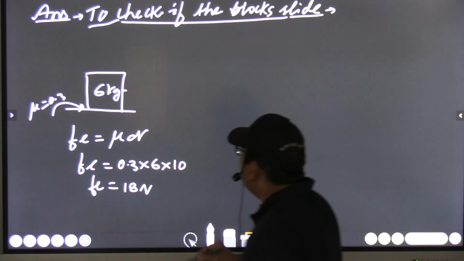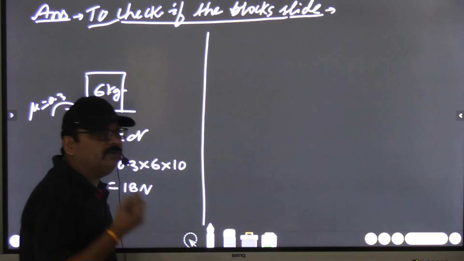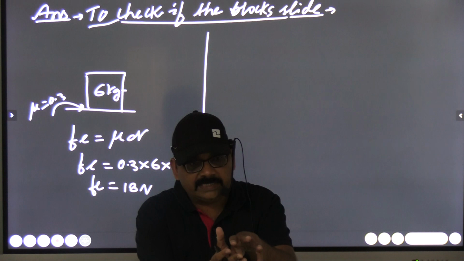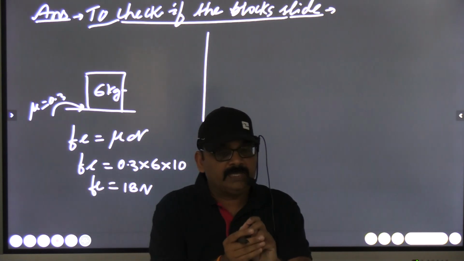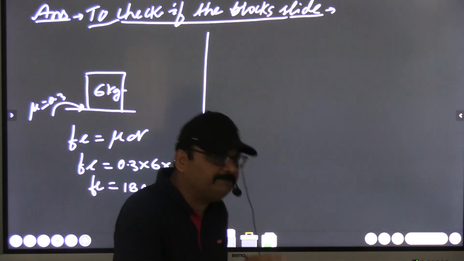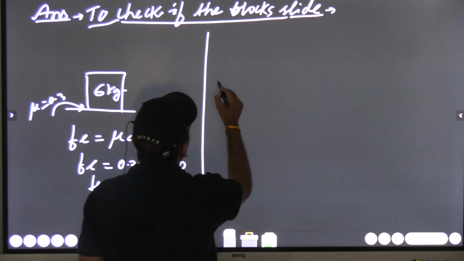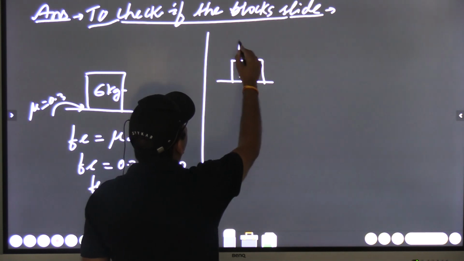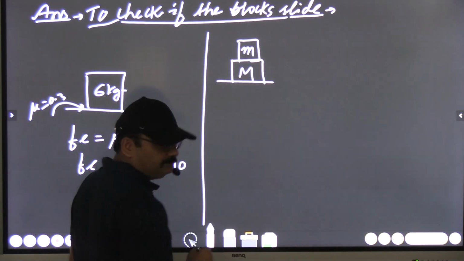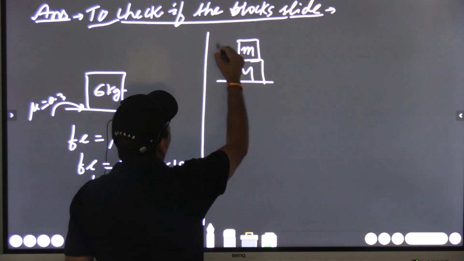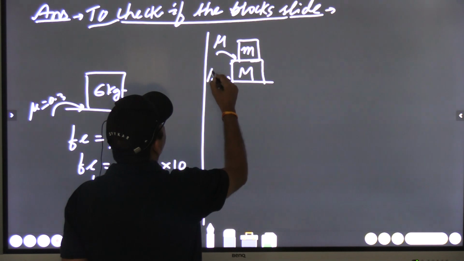Right. Now the second question: whether the blocks are sliding together as a combined body or sliding separately. In the previous problem, this is a mass of capital M and this is a mass of small m, and suppose the coefficients of friction are mu and mu dash.